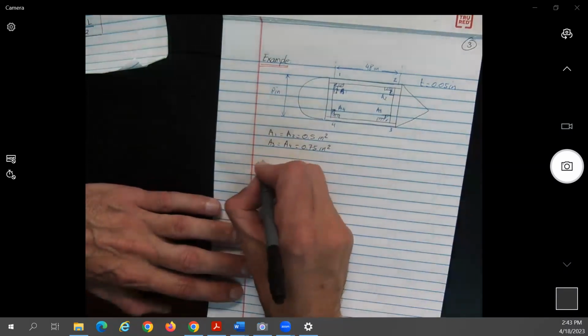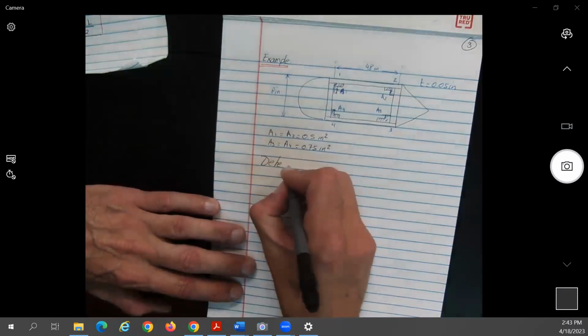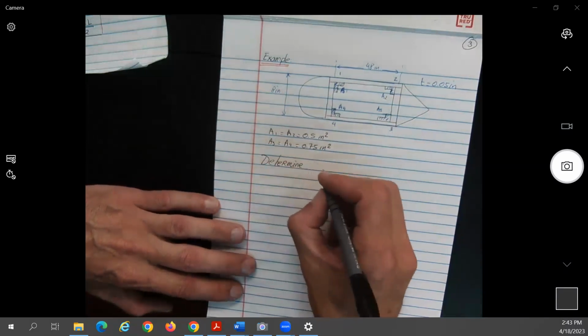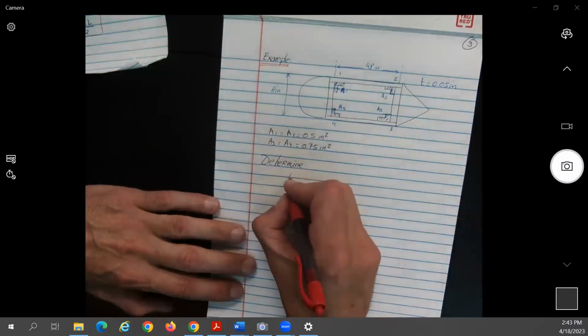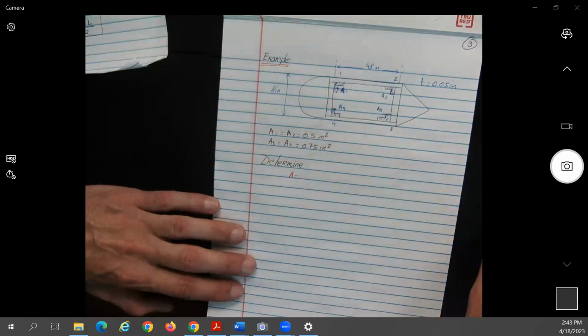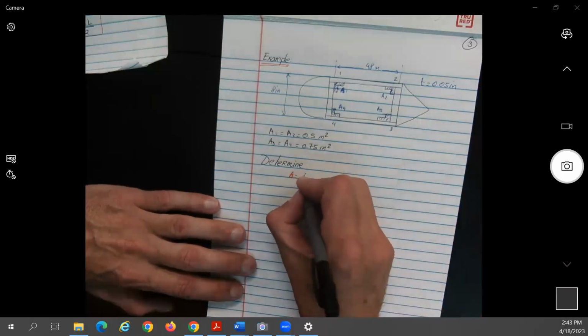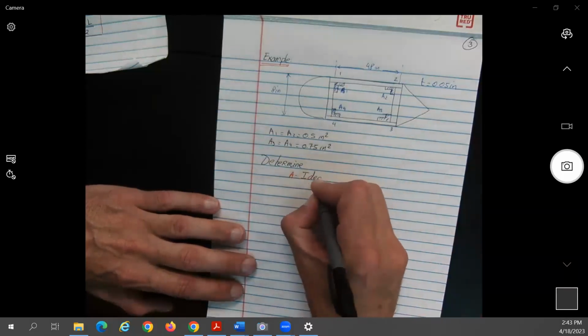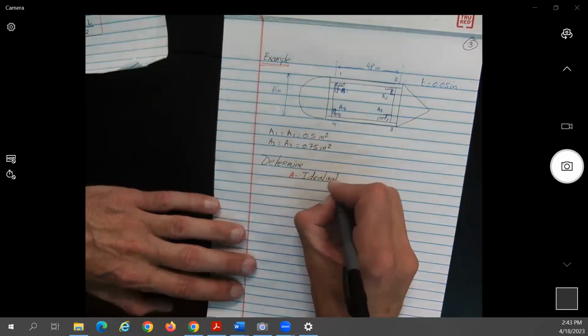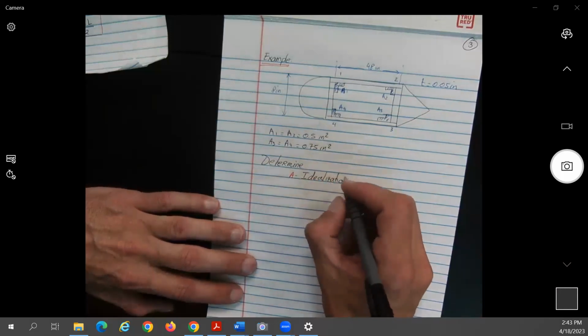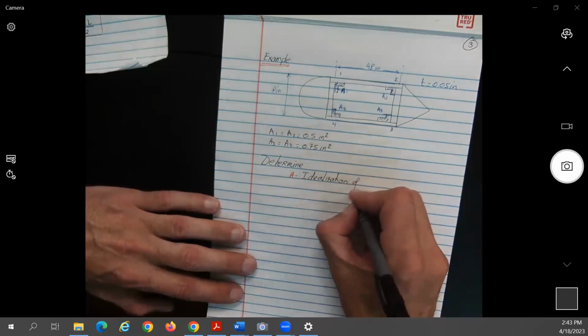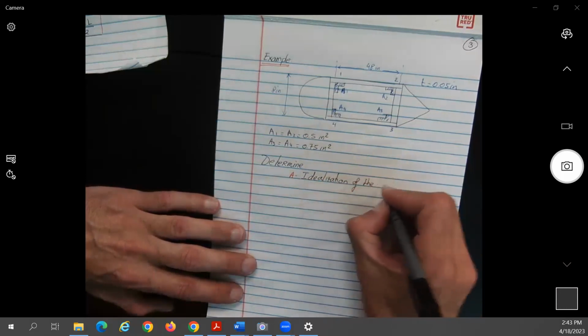So for this problem, we need to determine the idealization of the structure.